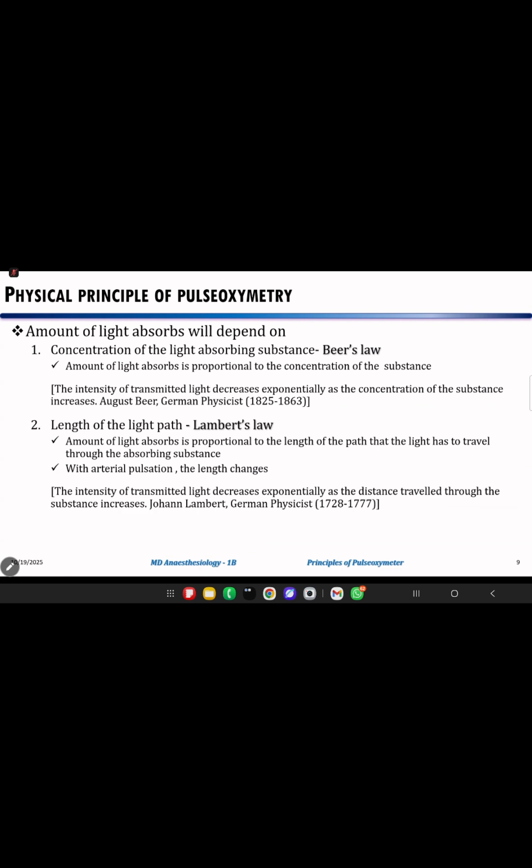In real terms, the intensity of the transmitted light decreases exponentially as the concentration of the substance increases. That means when the oxyhemoglobin or deoxyhemoglobin concentration rises, it will absorb more light, and therefore the transmitted light will decrease.